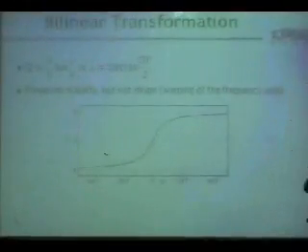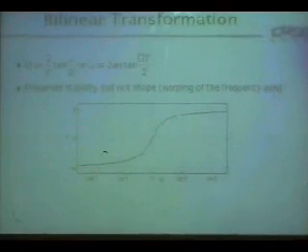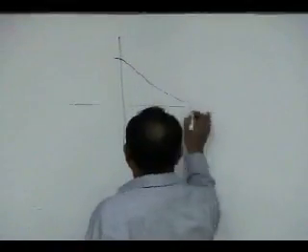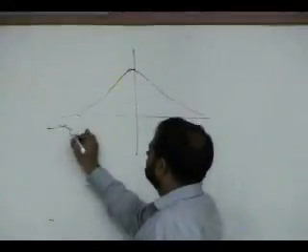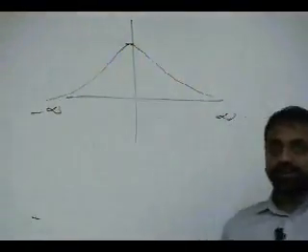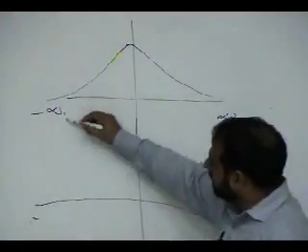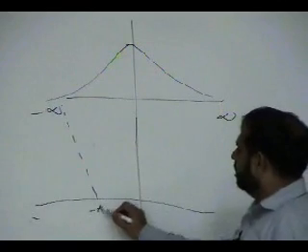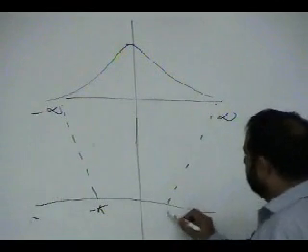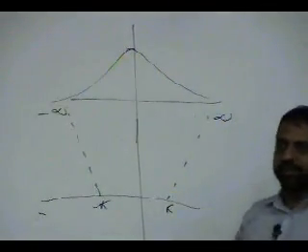Let me now try to explain what it does. It says I don't like linear translations. If I have a graph like this, with minus infinity and positive infinity, I want a translation which will map minus infinity to minus pi and positive infinity to positive pi.